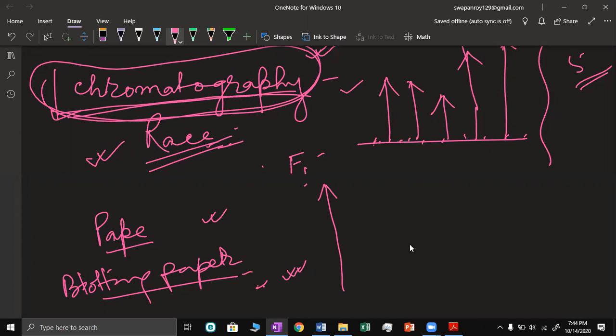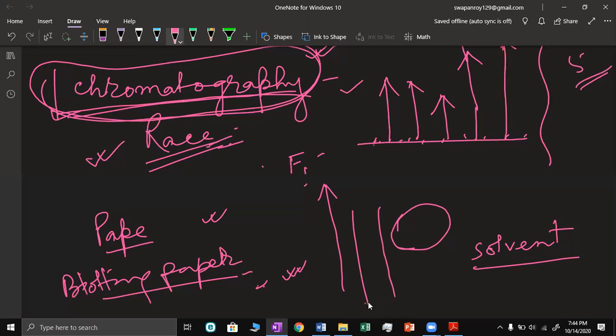So a solution of the mixture of chemicals is prepared in a suitable solvent, and the components of the mixture to be separated are taken on the paper as a small spot, and then one margin is touched or dipped in that solvent.